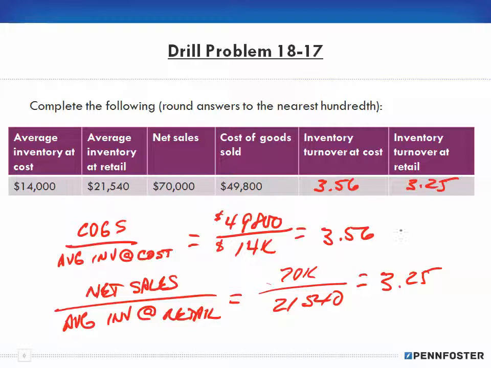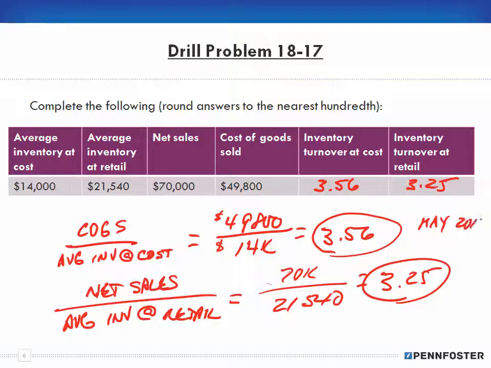So if I'm looking at 3.5 or 3.25, and let's say this is for the month of May for 2015, to be able to compare, I would probably go back to May of 2014 and compare that month with this month to see if I'm doing any better.